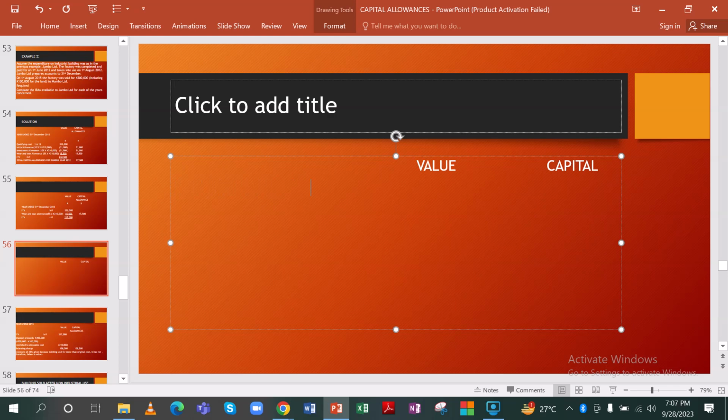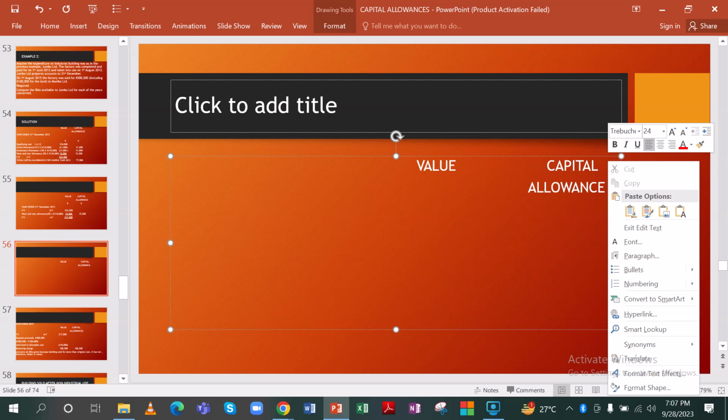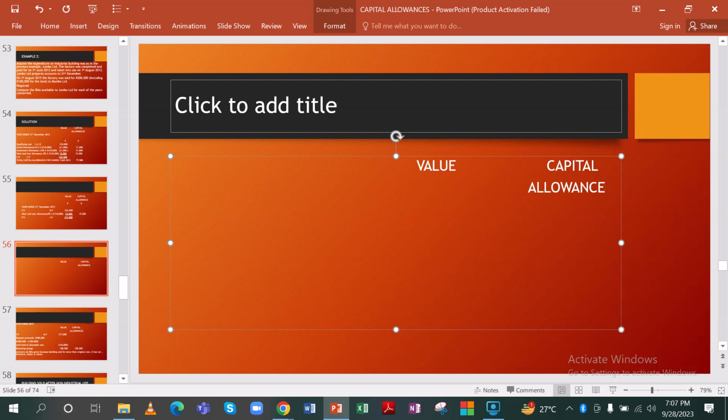Okay, after capital allowance, we say this is a charge year. 2014, that's the charge year.